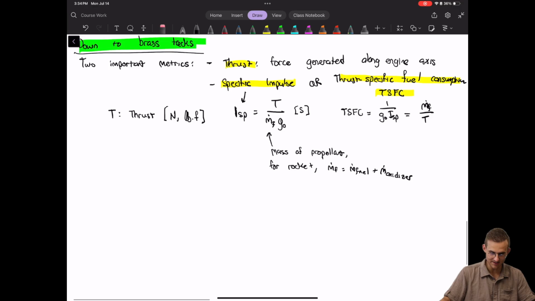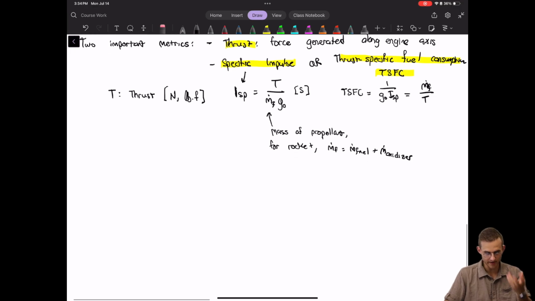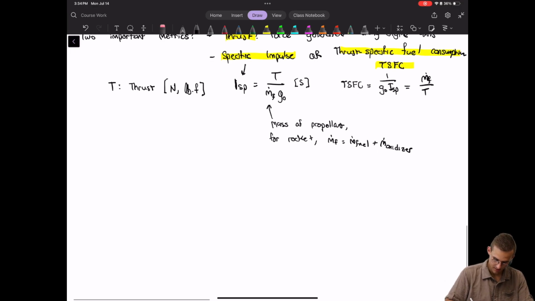So let's go through some quick basic aerodynamics here.